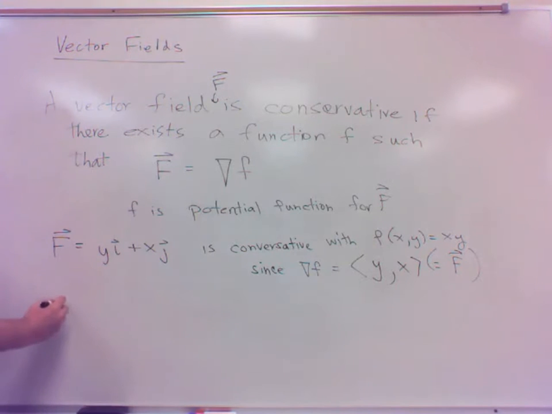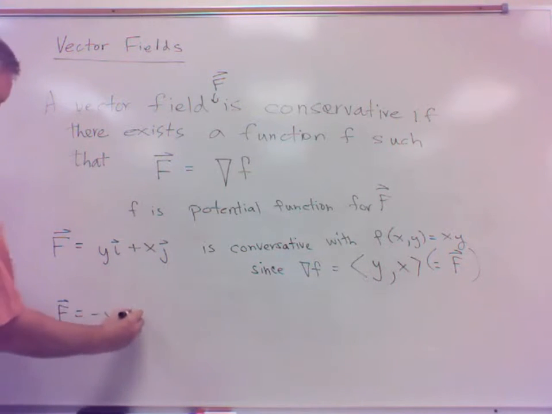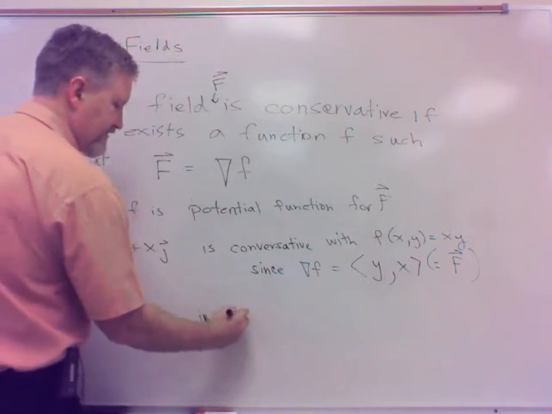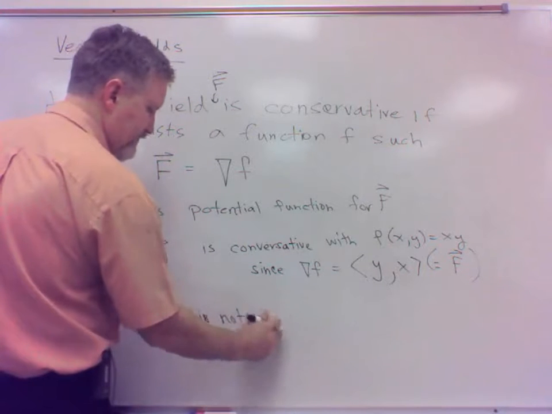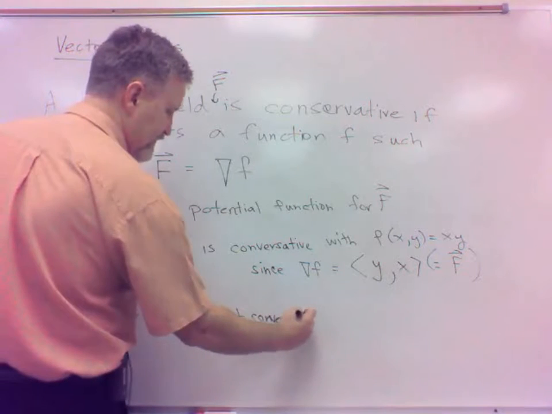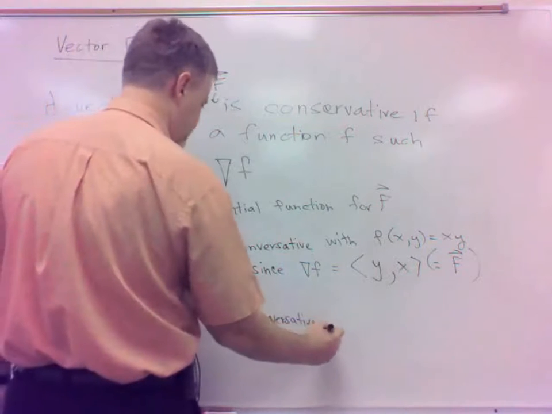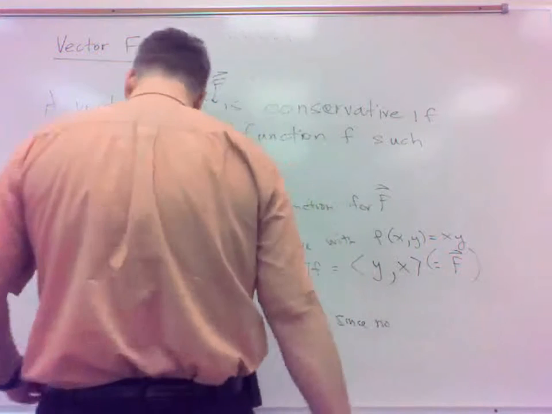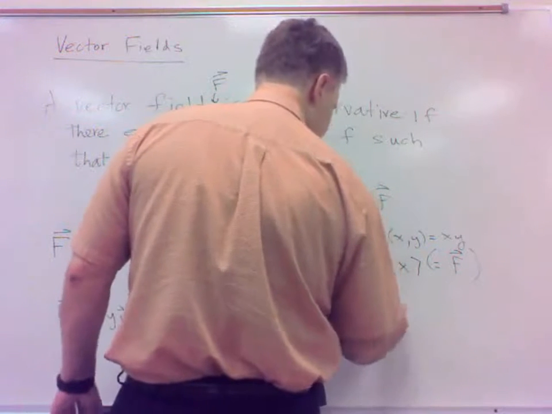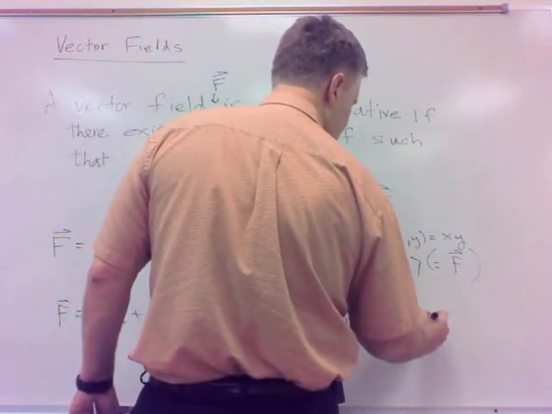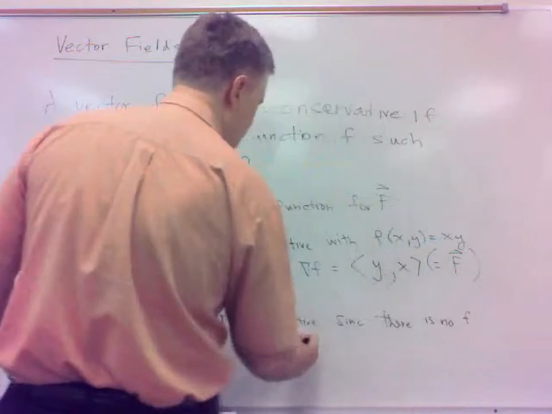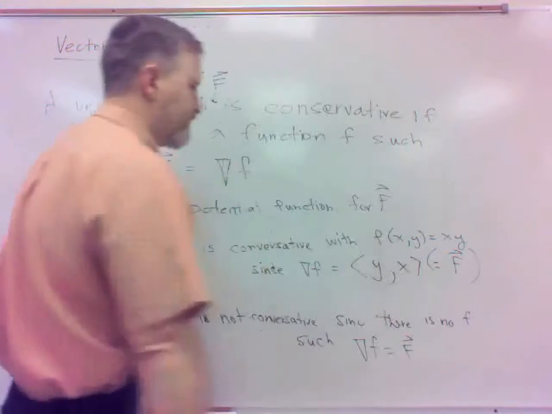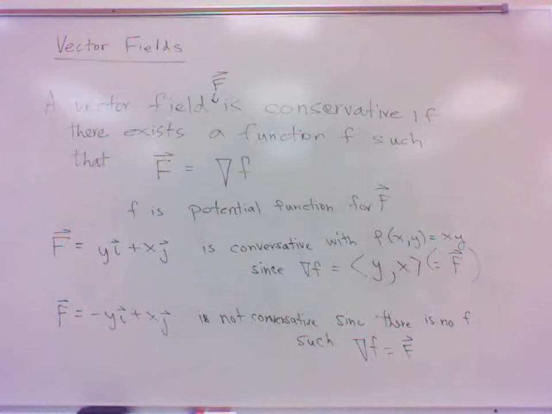Now, F equals negative y i plus x j is not conservative. With that example, it might be pretty easy to see that this one's not conservative, since there is no f such that the gradient of f equals big F, the vector field function.